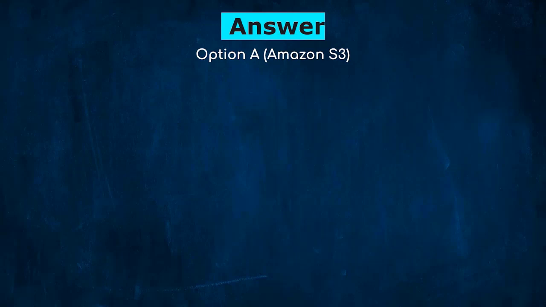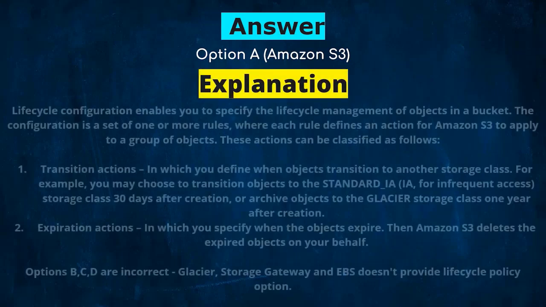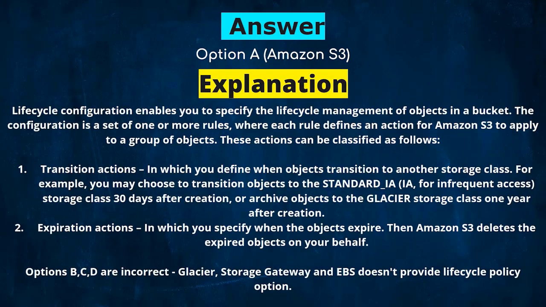Amazon S3. Explanation. Lifecycle configuration enables you to specify the lifecycle management of objects in a bucket. The configuration is a set of one or more rules, where each rule defines an action for Amazon S3 to apply to a group of objects. These actions can be classified as follows. Number 1. Transition actions, in which you define when objects transition to another storage class.